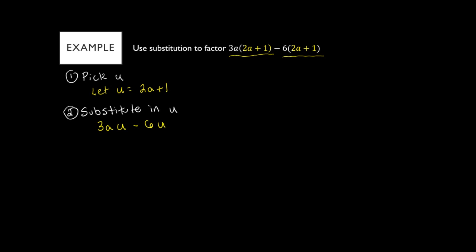So now we have something that looks simpler. We took something that looked complicated, with these things in parentheses, and we've turned it into something much smaller to work with.